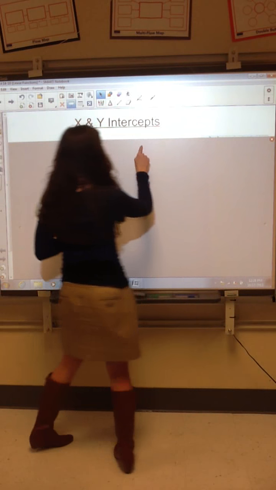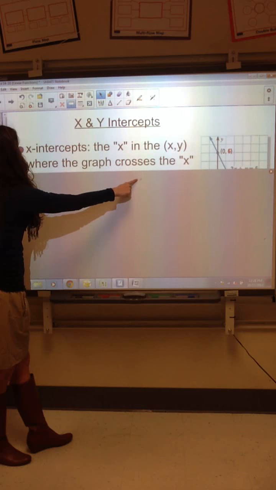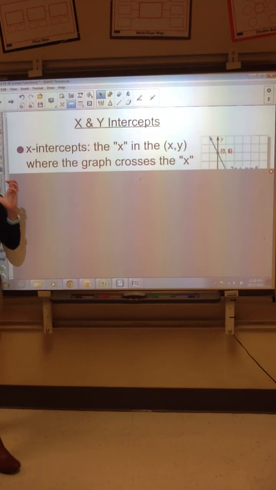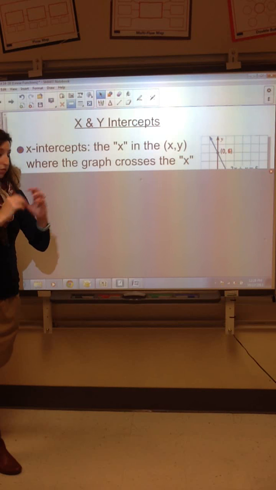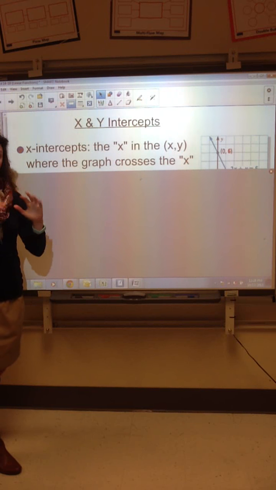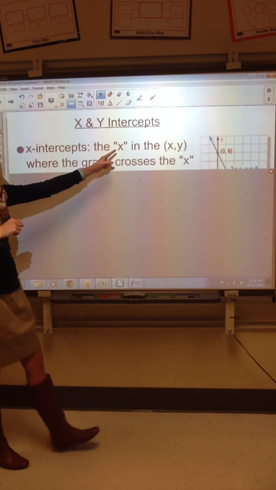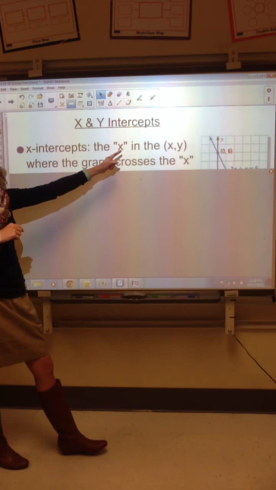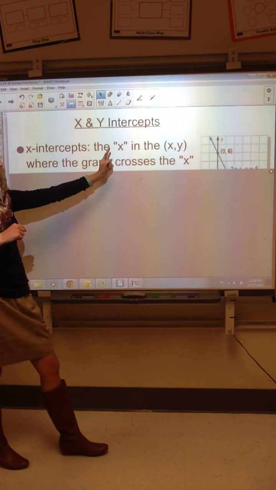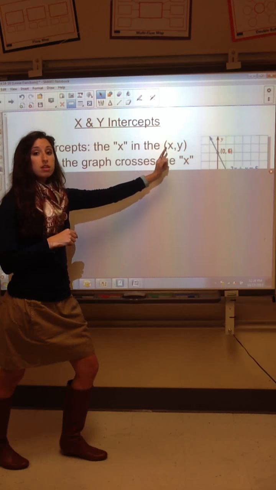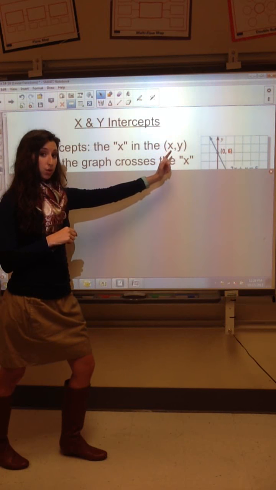So here's what I want you to write. X-intercepts, this goes directly underneath where it says day 3. I need you to write the definition, very easy. X-intercepts, they are the x in the xy coordinate.